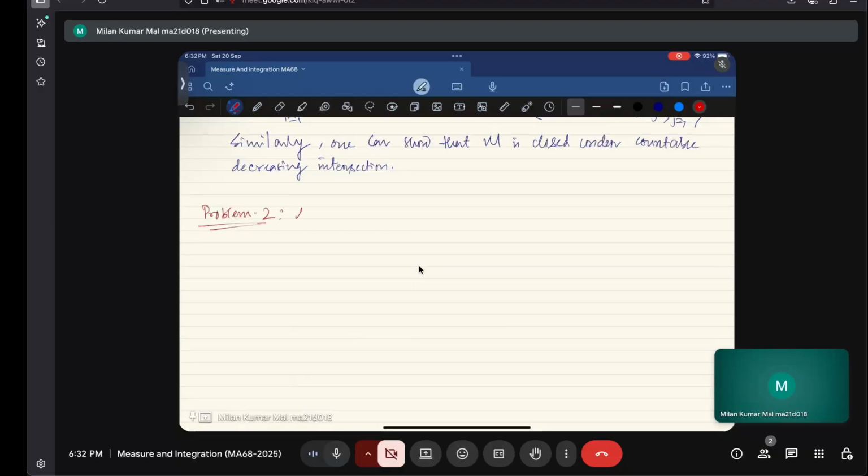What it says: let p be greater than or equal to 1. Let (X, 𝒜, μ) be a measure space.